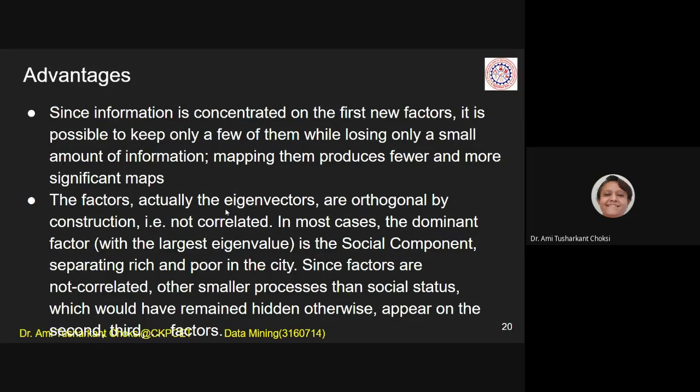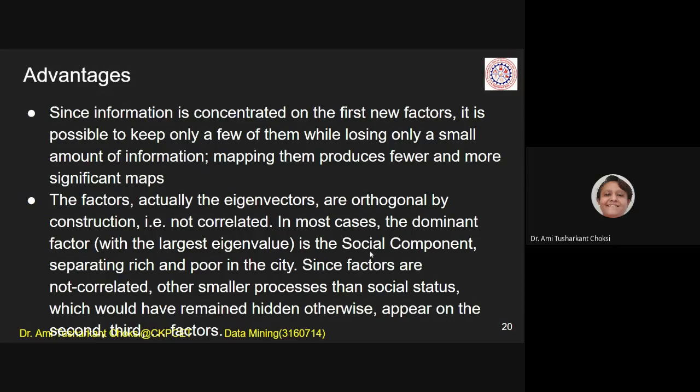The factors, actually the eigenvectors, are orthogonal by construction, that is, not correlated. In most cases, the dominant factors, that is the largest eigenvalues, principal component analysis we have studied, right?